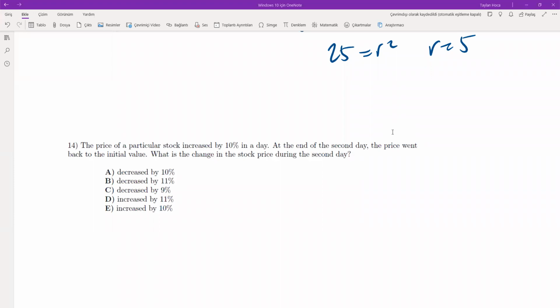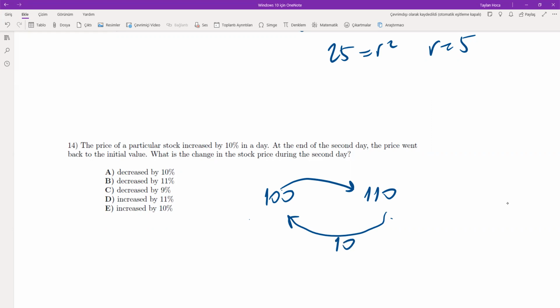Okay, so now I'm going to do something. Very good, usually good. So let's do it. It was 100, and it has become 110 in a day. So from 100 to 110, and it went back to the original price.